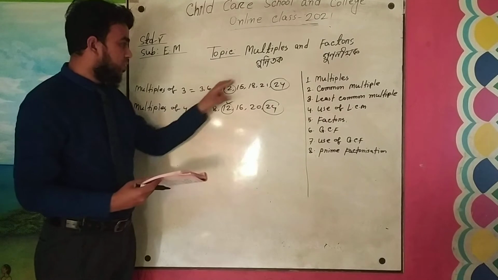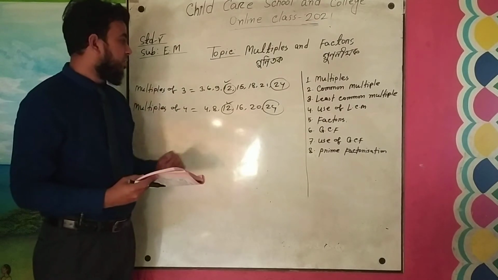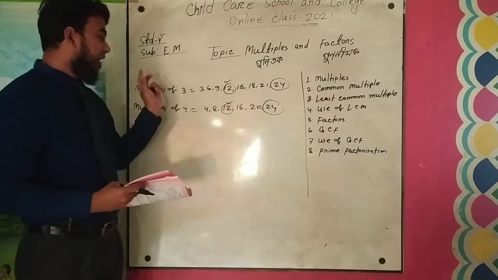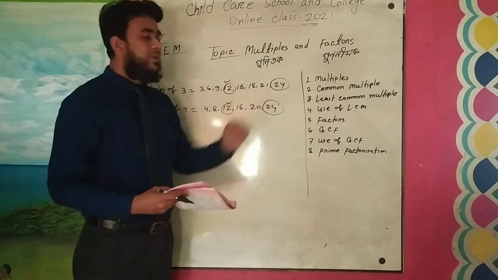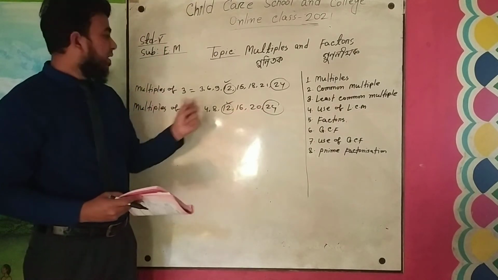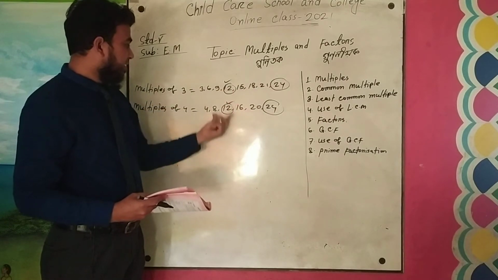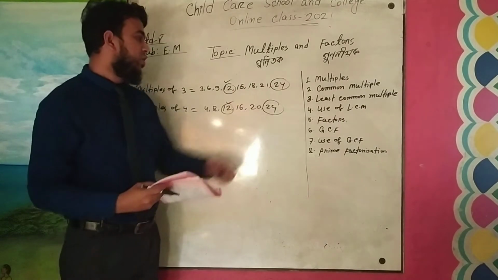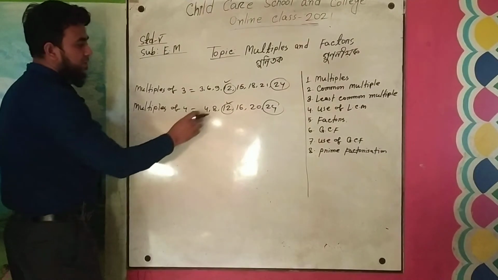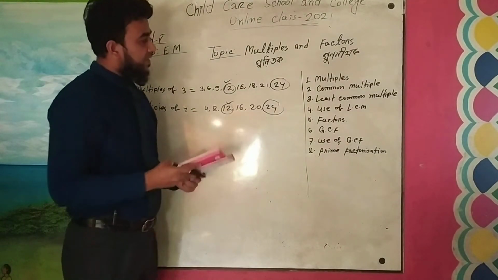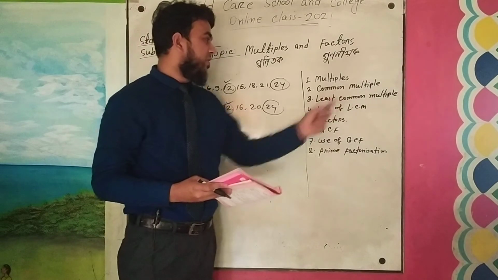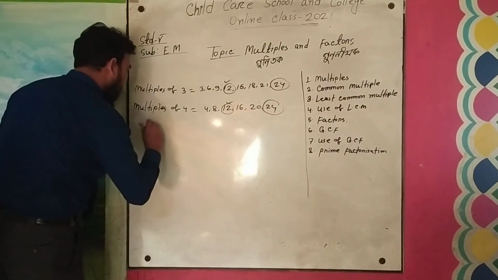At first we have to understand the common multiple, and I think you have already understood that. Then you have to find the least common multiple. Least means the smallest multiple. So among these, the smallest is 12. So the least common multiple is 12. And in short, you know that least common multiple is called LCM.